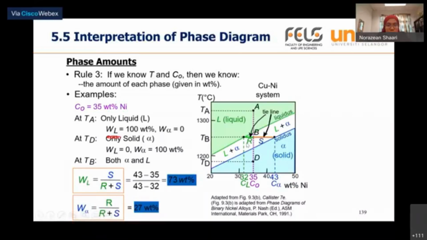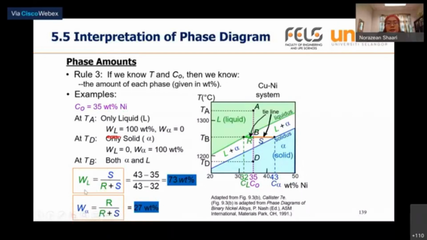So contoh tadi dia ada 43 dengan 32 and 35. So kalau untuk liquid, decide kita nak cari amount of liquid, so kita akan dapatkan amount of W_L, which is 43 minus 35 divide with 43 minus 32. So kita akan dapat 73% of liquid.